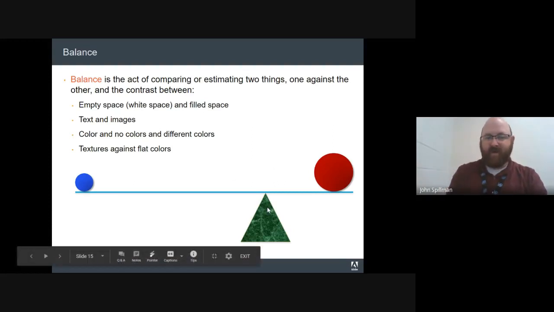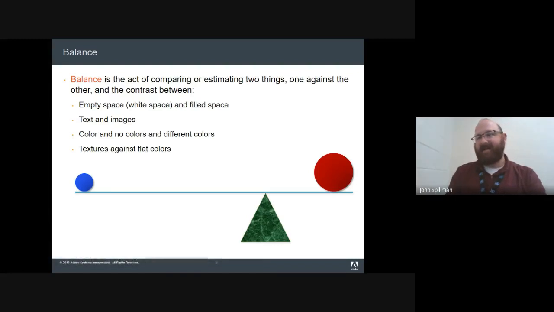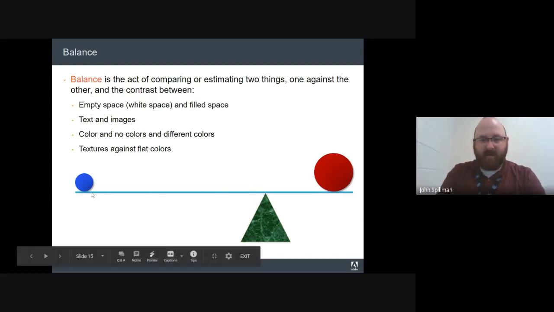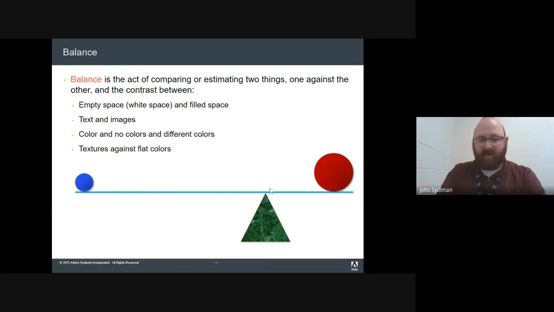Balance means that you have put things in place so one does not dominate or overpower another aspect of the image, right? So if you look at this, we got a lot of real estate here, right? And then a small ball. And we have a little bit of real estate here and a bigger ball, right? We would say this is balanced because even though we have a bigger ball over here, we've given it less space to exist in, right? And vice versa over here.